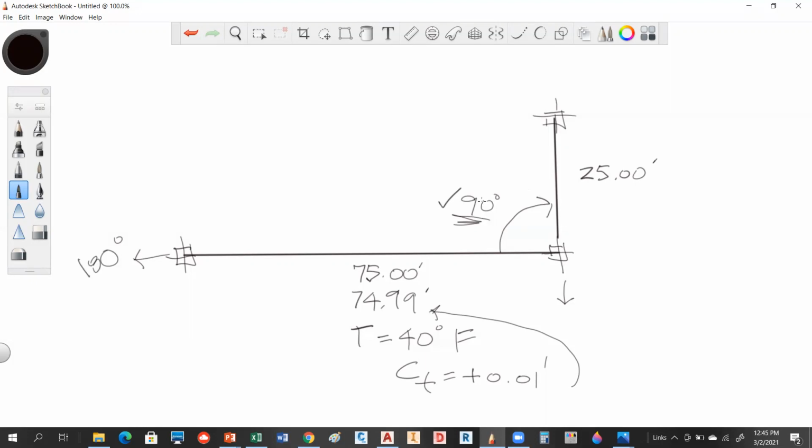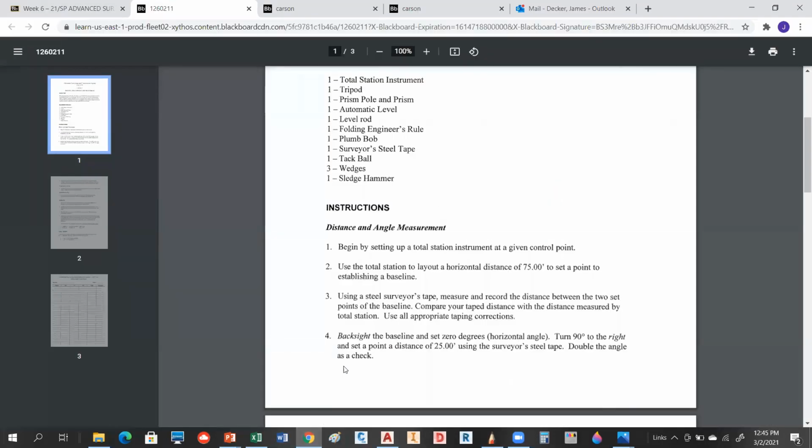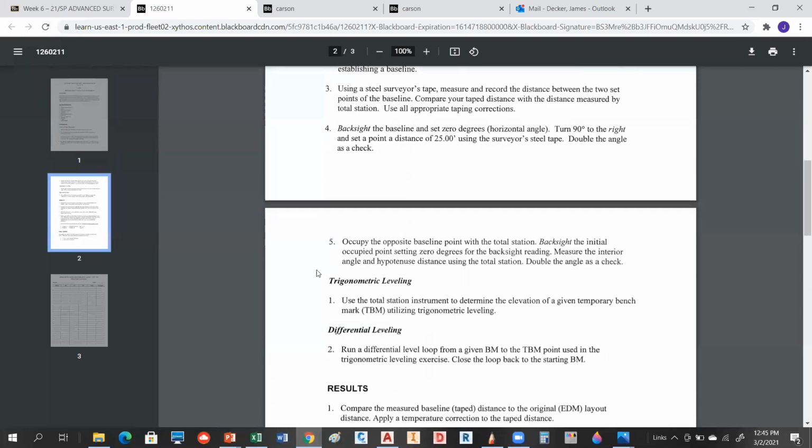Okay. So the next process then is, once you've done that, you're going to occupy the opposite baseline point, and you're going to check some things. So now we're going to do measurement. So what we're going to do is measure the interior angle, and we're going to check the hypotenuse distance, and then we're going to compare those to what it should be.